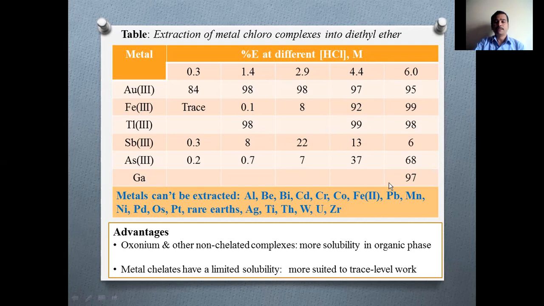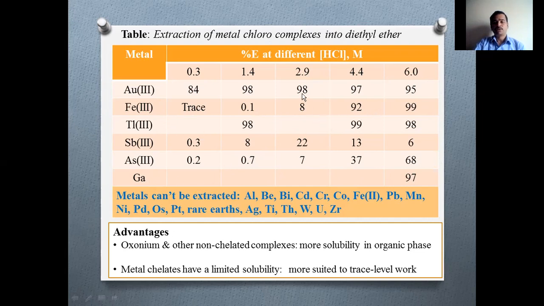So let me come to gallium. 97% can be extracted at 6 molar hydrochloric acid, but at concentrations of hydrochloric acid lower than 6 molar, we cannot expect any extraction. Only insignificant percent extraction can be seen. So these are the metals: gold, iron, thallium, antimony, arsenic, gallium. These are the metals that can be extracted.